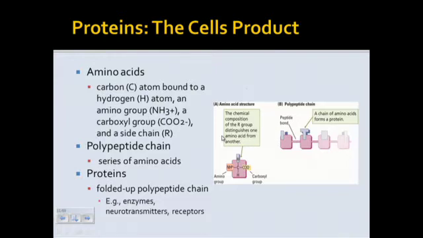The only thing that distinguishes between all 20 types of amino acids is a side chain. A combination of amino acids together forms a polypeptide chain, and that polypeptide chain then folds into a specific configuration, which makes up the actual protein.